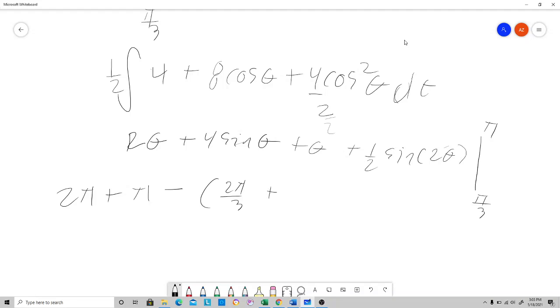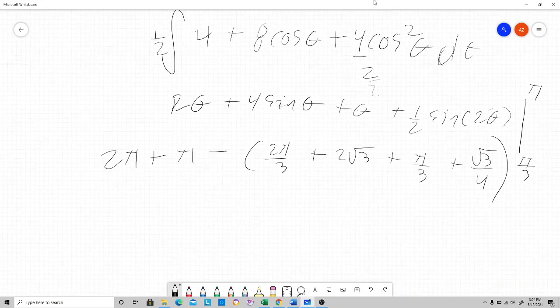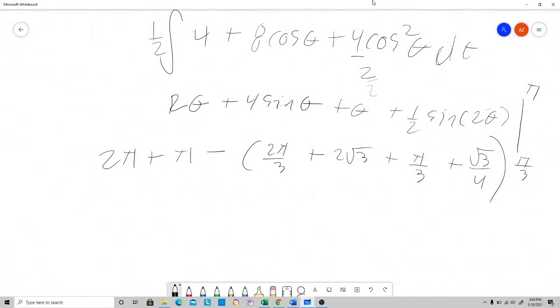And then this square root of 3, so this should be plus 2 square root of 3 plus square root of 3 plus 4 square root of 3. Okay, so now if we bring everything together, I'm going to write this right here. So it's going to be 2 pi plus pi minus 2 pi.